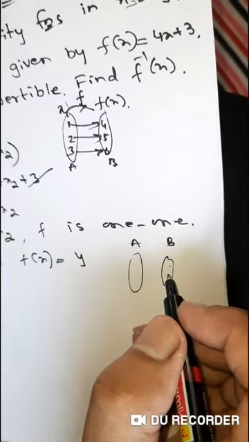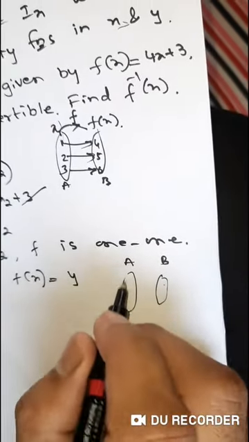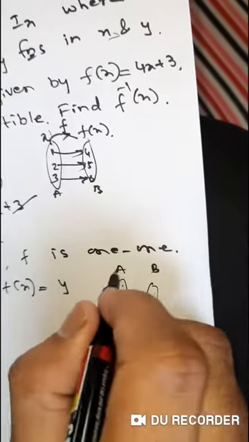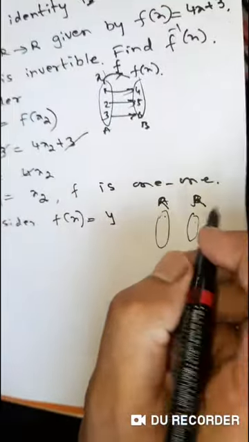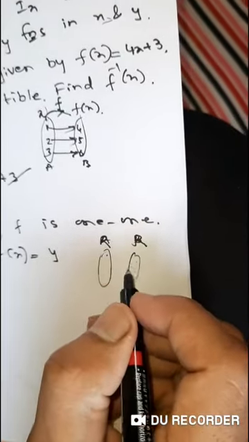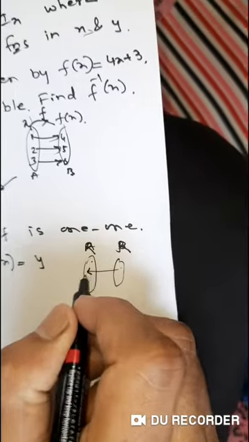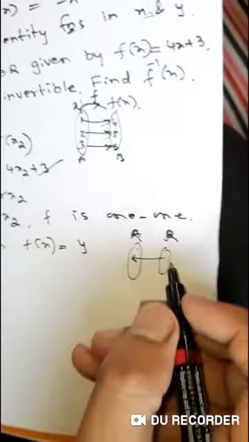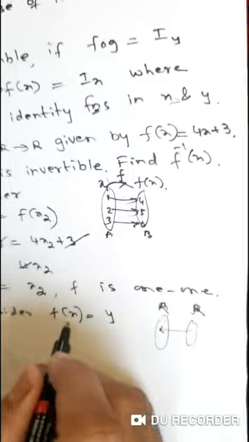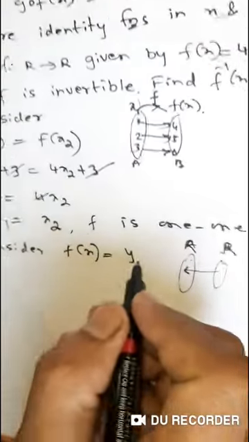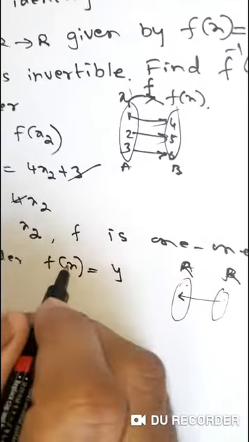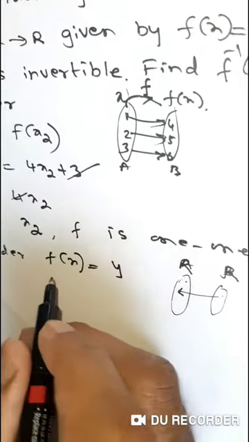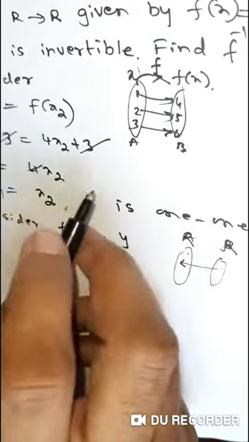Mathematically, for every y belonging to the real numbers, there exists x belonging to the real numbers. So here assume f of x equal to y, solve for x in terms of y and check whether for every y, x belongs to R or not.